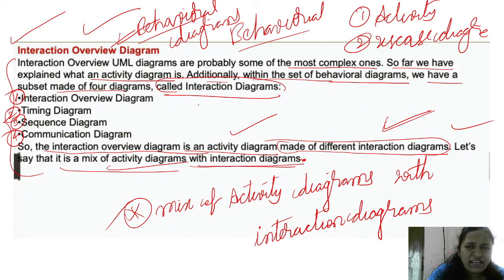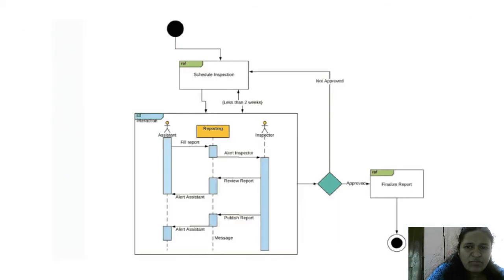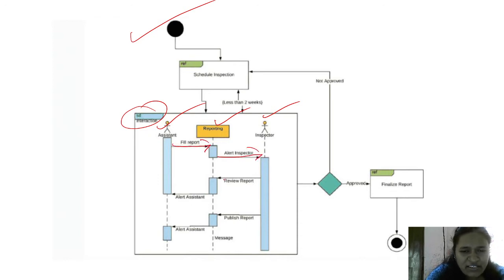What is an interaction diagram? It is showing the different interactions between the different activities and actors, objects. Okay. This is an interaction diagram. Assistant, inspector, reporting. These are the actors and this is the interaction between the different actors and what they are doing, the activities.